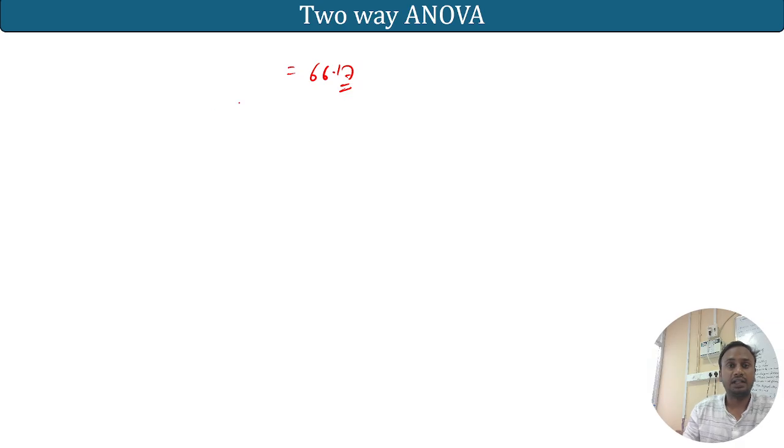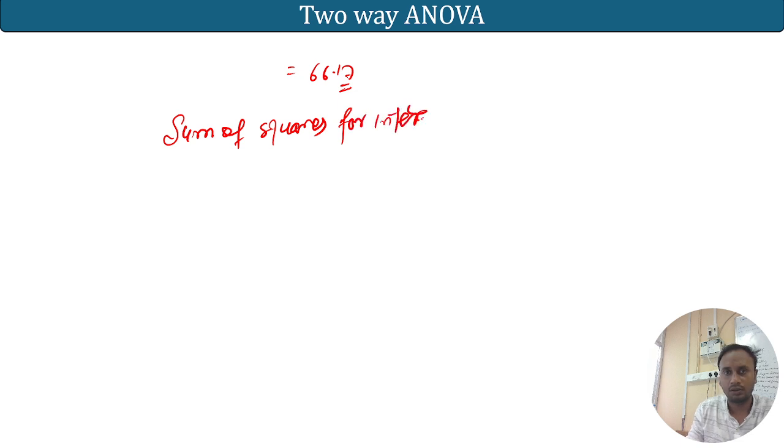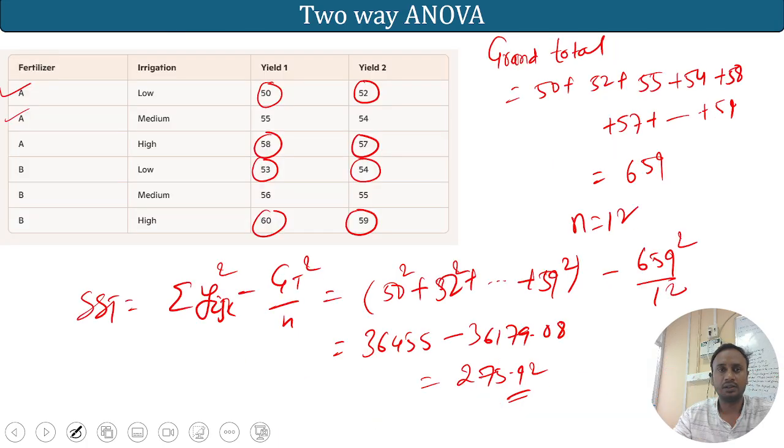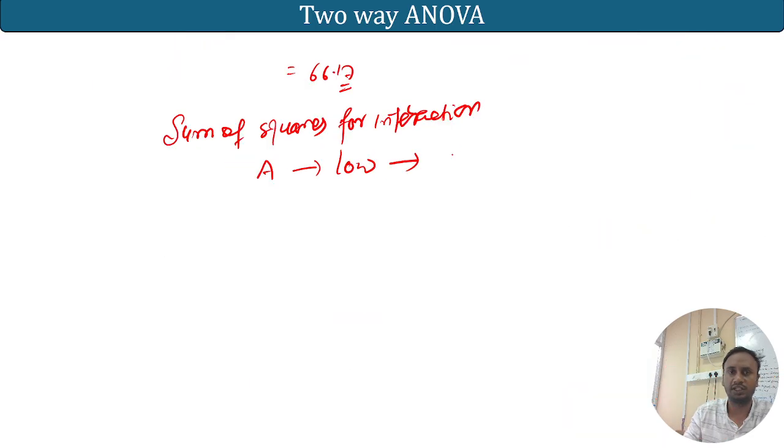Now we have to go with the sum of squares for interaction. A for the case of low: 50 plus 50, 52, how much came?